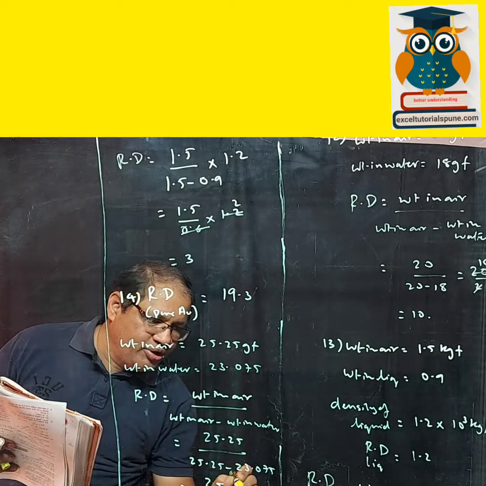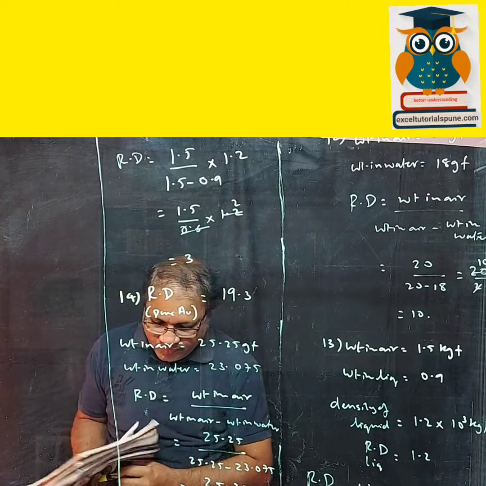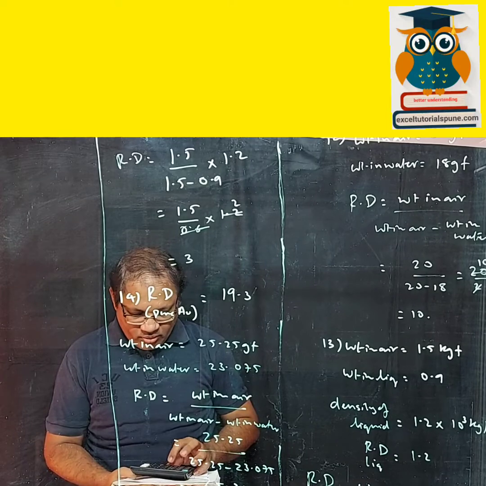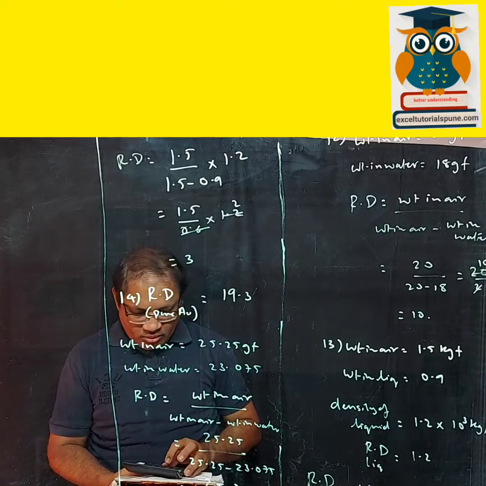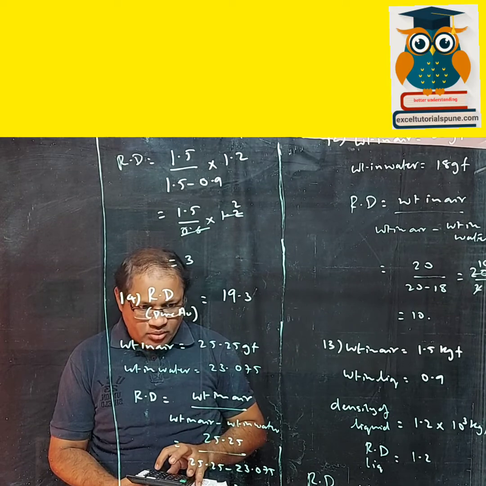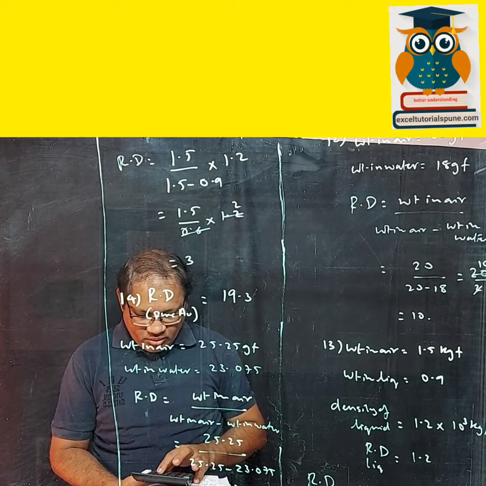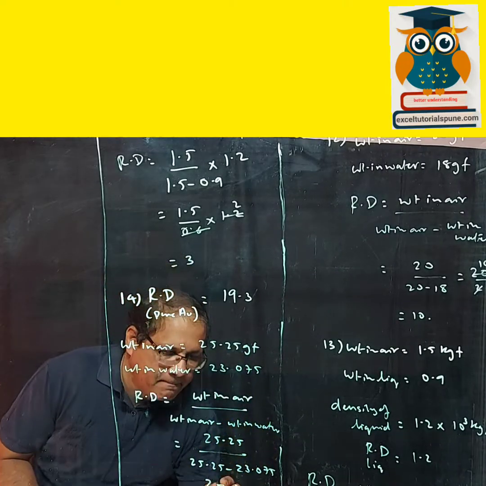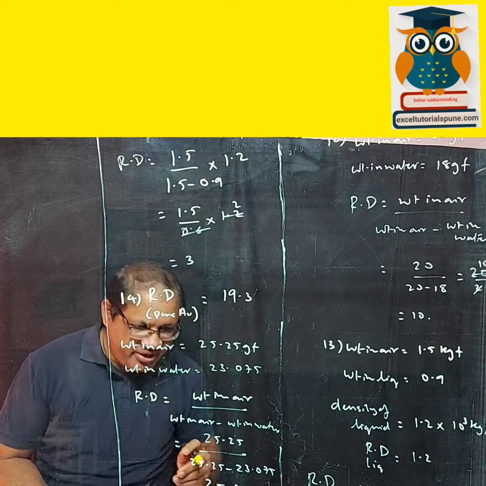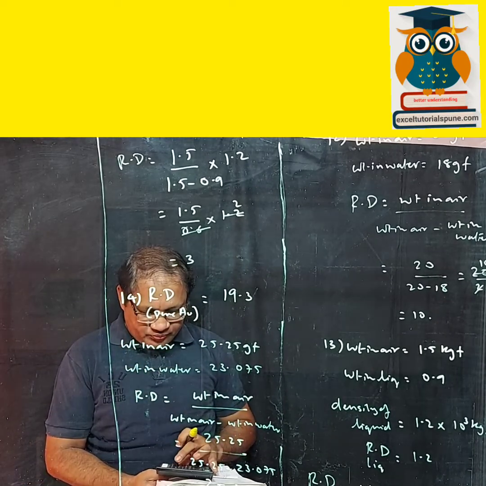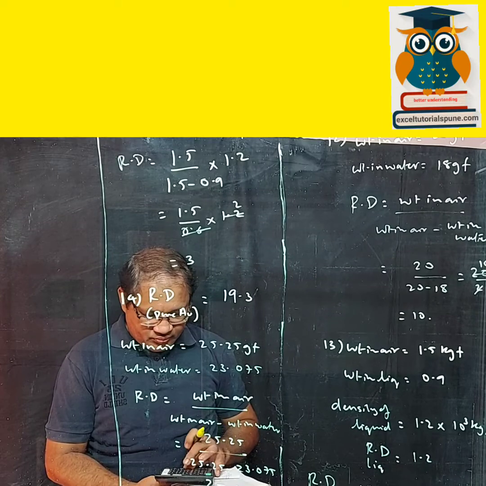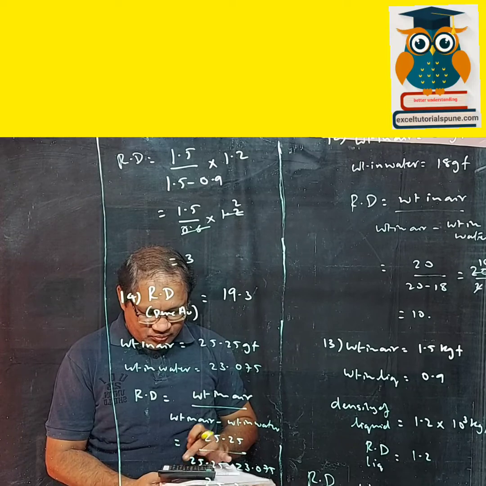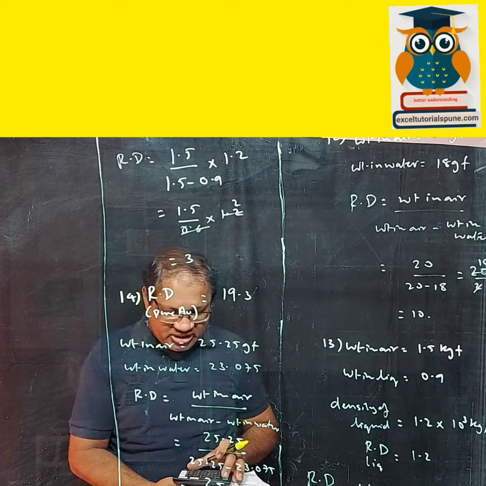Okay, so 25.25 upon, it is coming 2.175. And when you divide this both, it is coming 11.60.